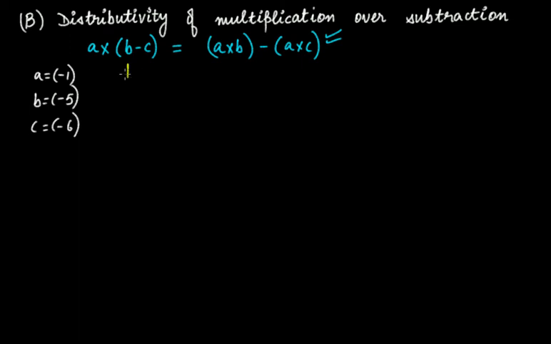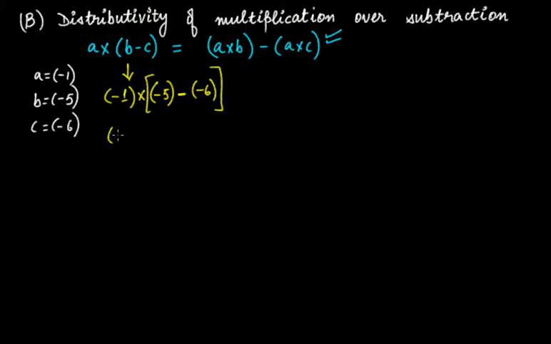So for this one, it will be -1 times -5 minus, and c is -6. This minus sign is this one, and this is the minus of the value of c.